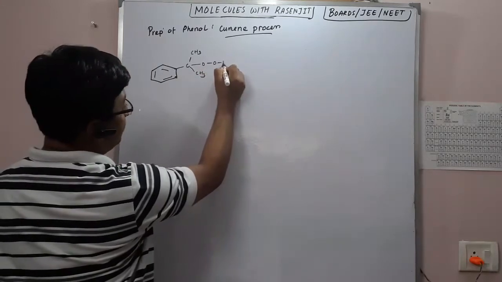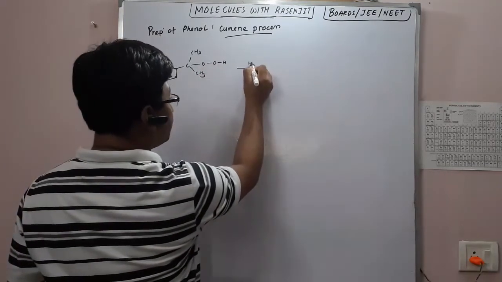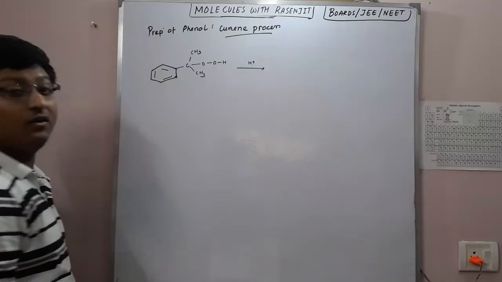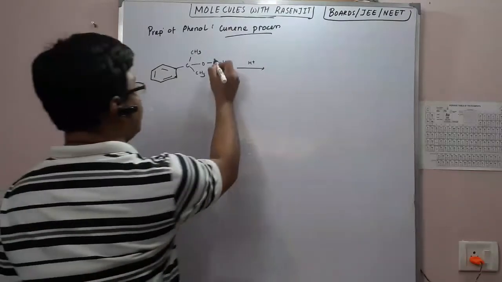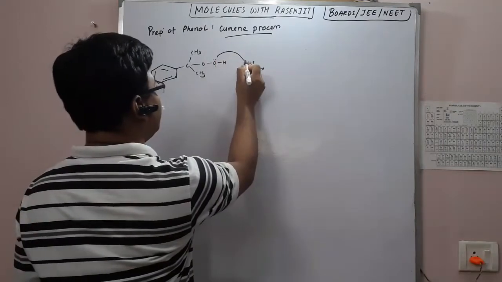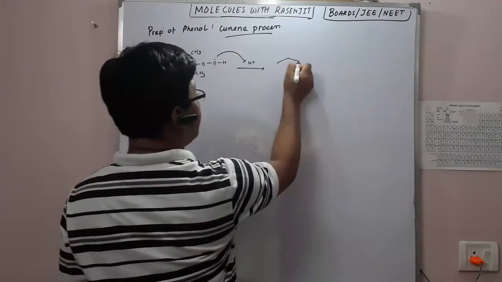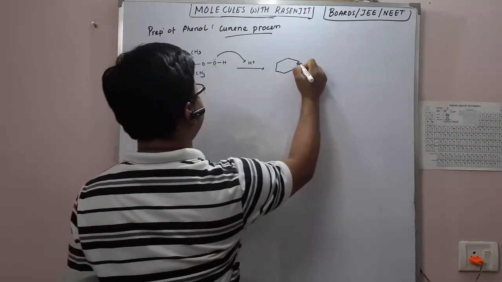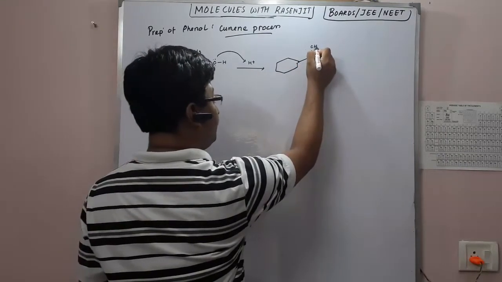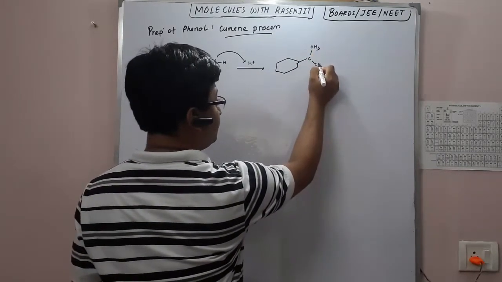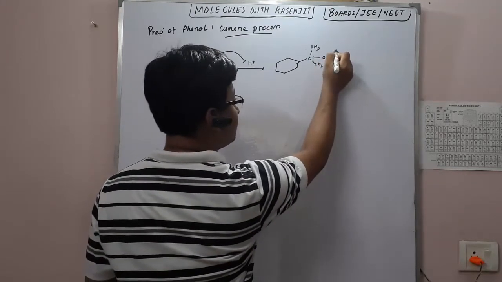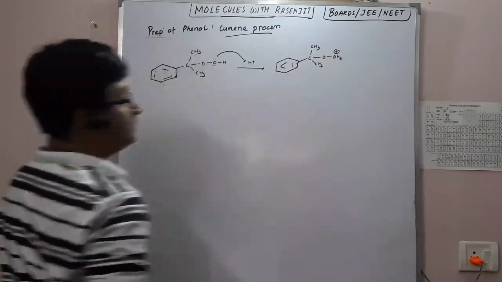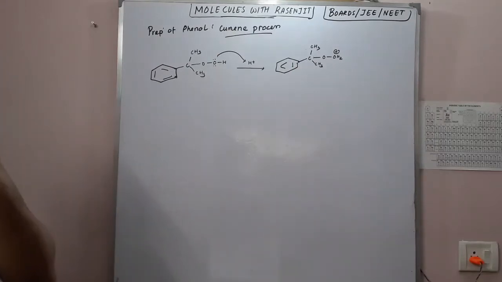Oxygen, oxygen, hydrogen. Now, in presence of an acid, as I said here, what will happen? This oxygen will attack the proton. So here, what you are generating? CH3, CH3, C, O, OH2 plus, correct? You are generating OH2 plus.